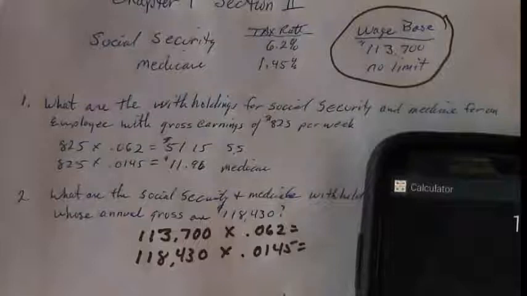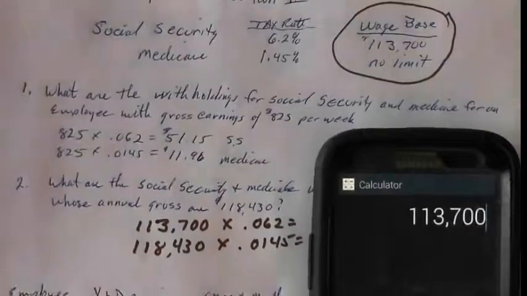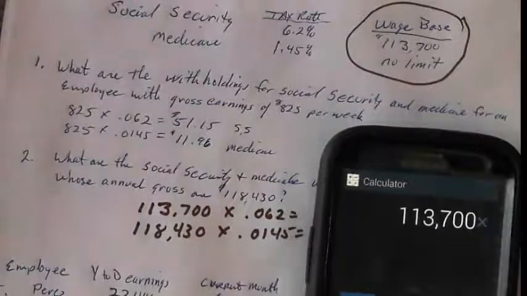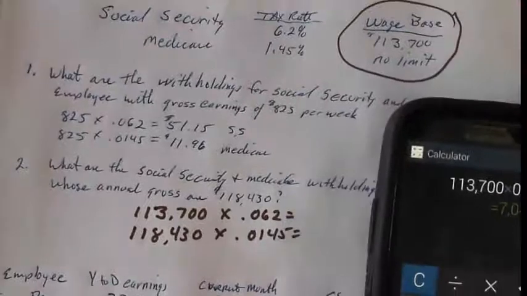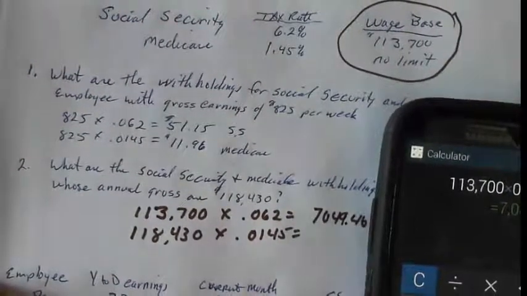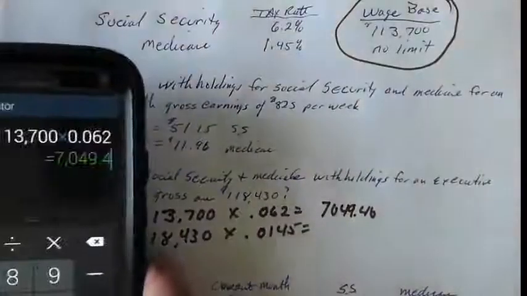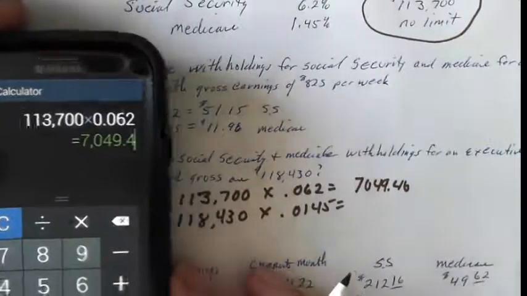We have 113,700 times 0.062 equals $7,049.40. I'm going to move this over to this side of the page a little bit so you can see that.